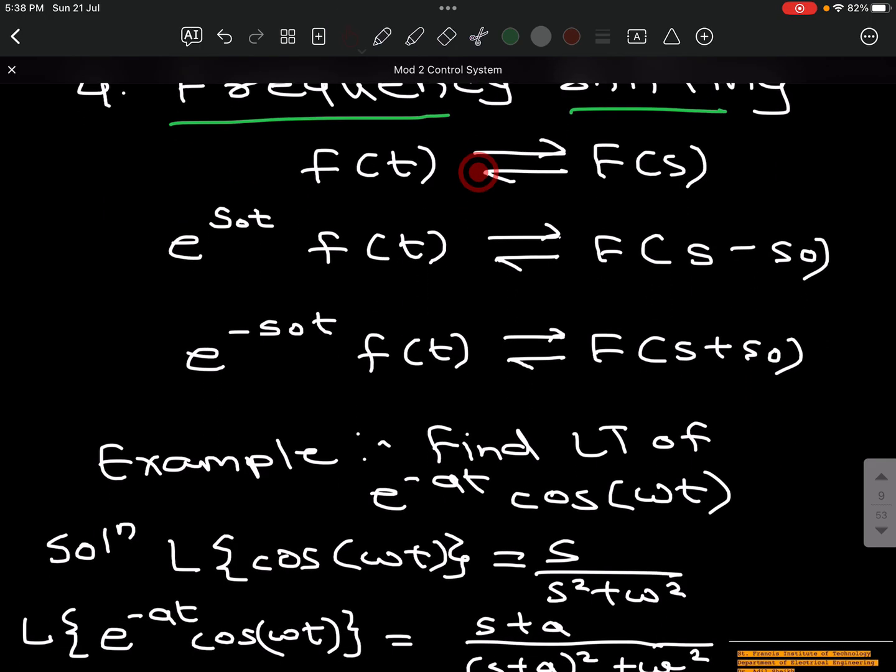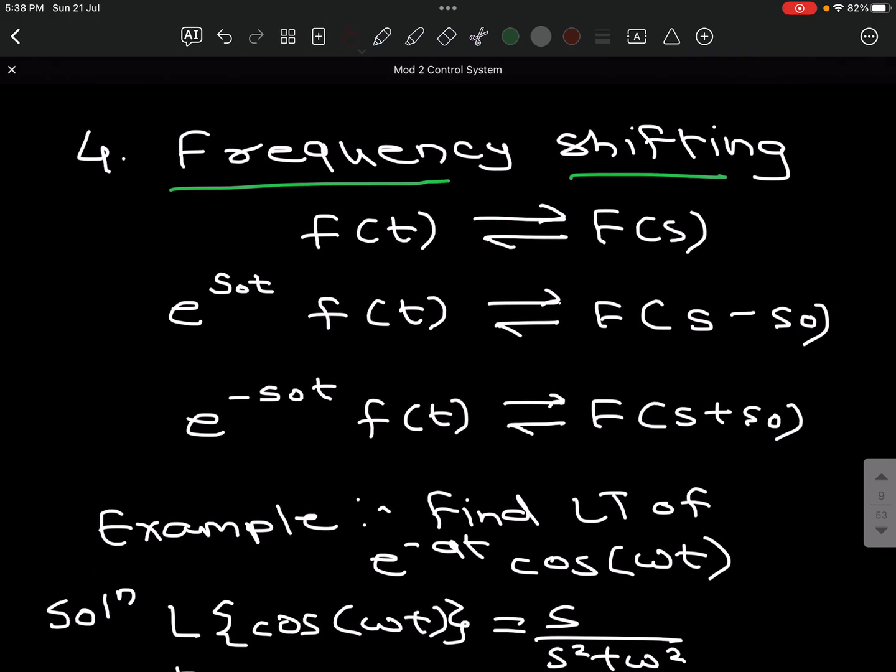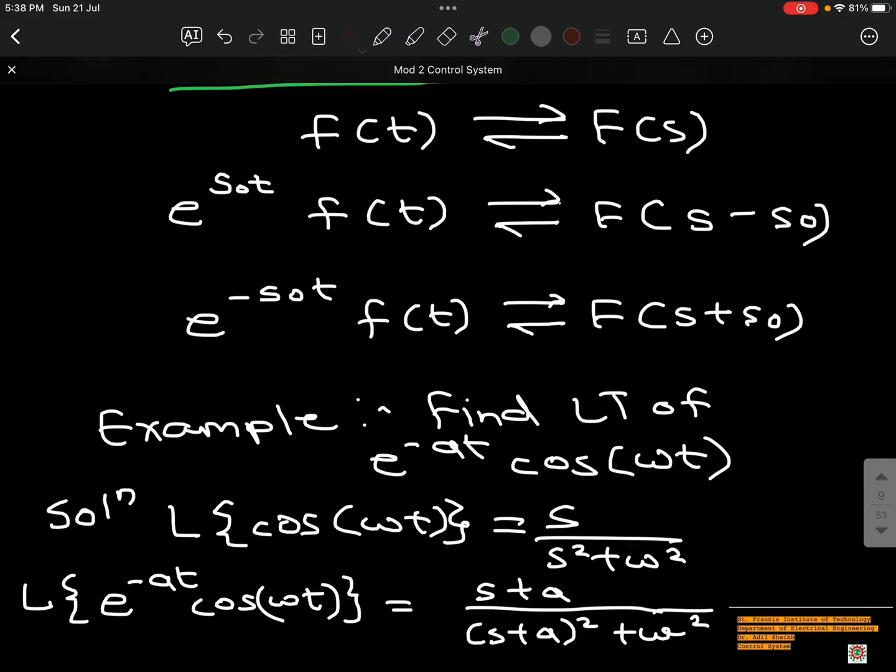Now see what happens when we take this example. The Laplace transform of cos omega t is equal to s upon s square plus omega square. Now for e raised to minus at into cos omega t, instead of s we have to put s minus s0 or s plus s0.